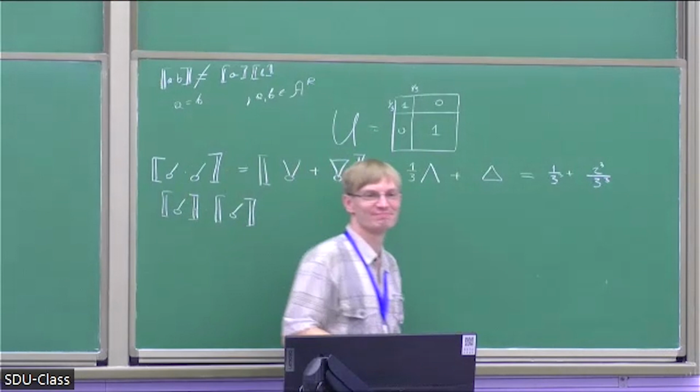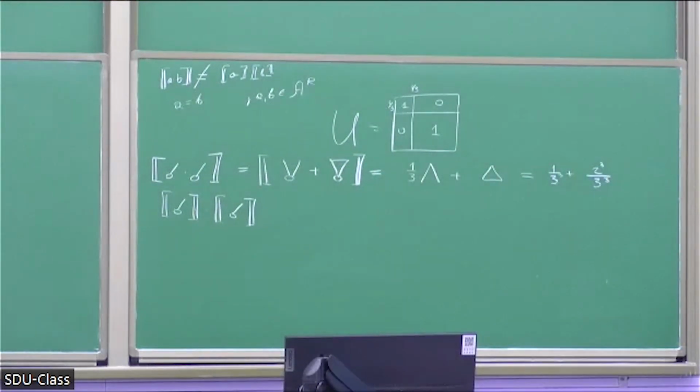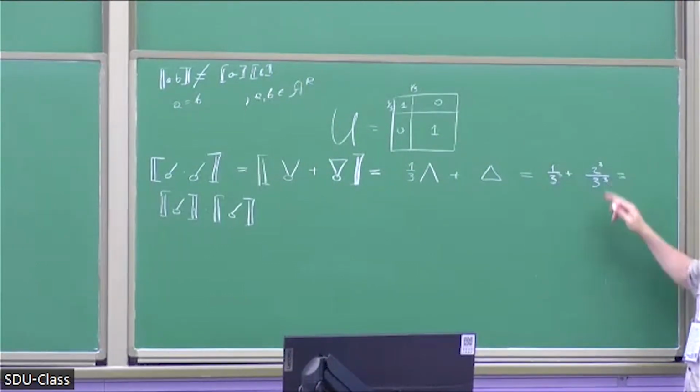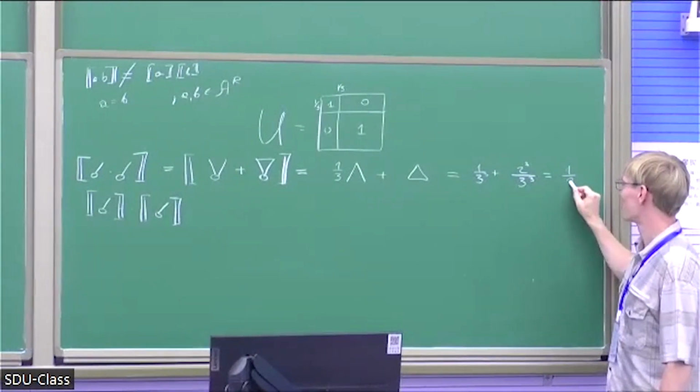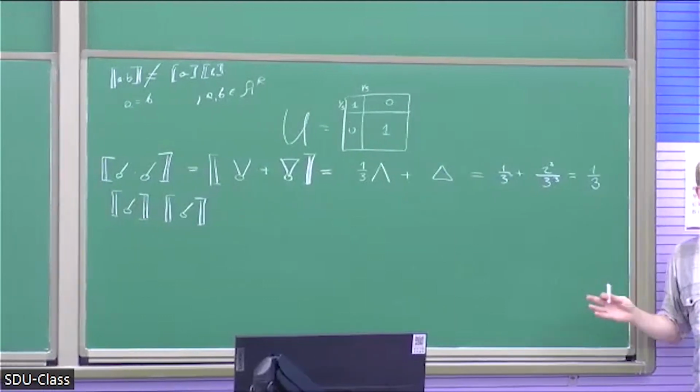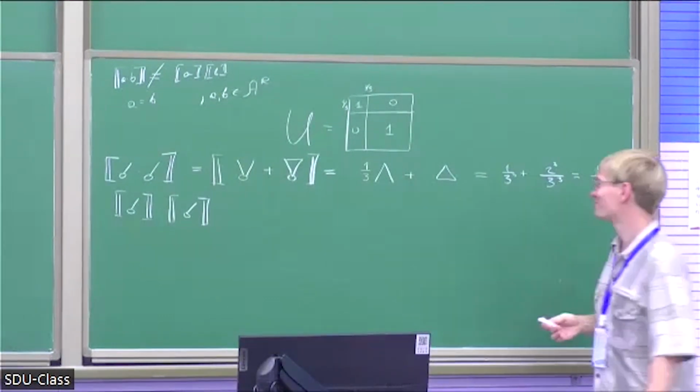You agree? Oh, come on, I haven't lost you. At least one person can use your head to confirm me. Good. So what's this? This is 1 plus 8, it's 9. I divide by 27, so it's 1 over 3. All right? Good.